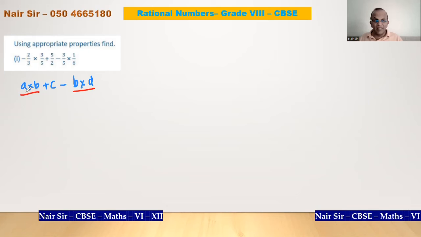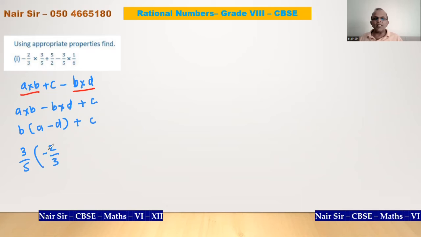I'm going to write this as A into B minus B into D plus C. I'm going to take B common. It will be B into A minus D plus C. Can you solve it? Just substitute the value. What is B I have taken? 3 upon 5. Bracket close. What is A?